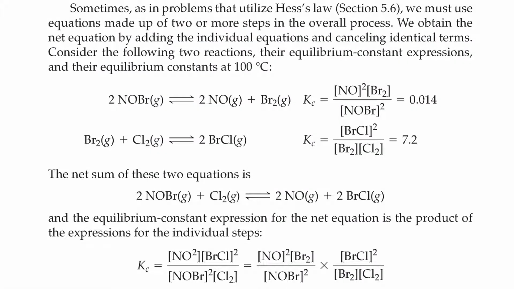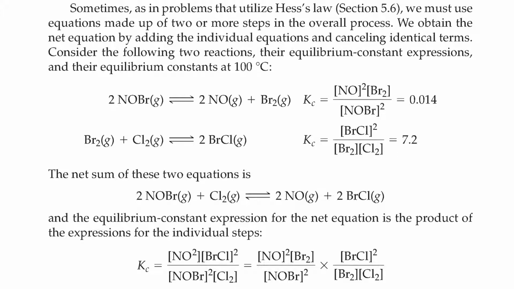Sometimes, as in problems that utilize Hess's law, we must use equations made up of two or more steps in the overall process. We obtain the net equation by adding the individual equations and canceling identical terms. Consider the following reactions, their equilibrium constant expressions, and their equilibrium constants at 100 Celsius. K sub C of the first is 0.014, K sub C of the second is 7.2.